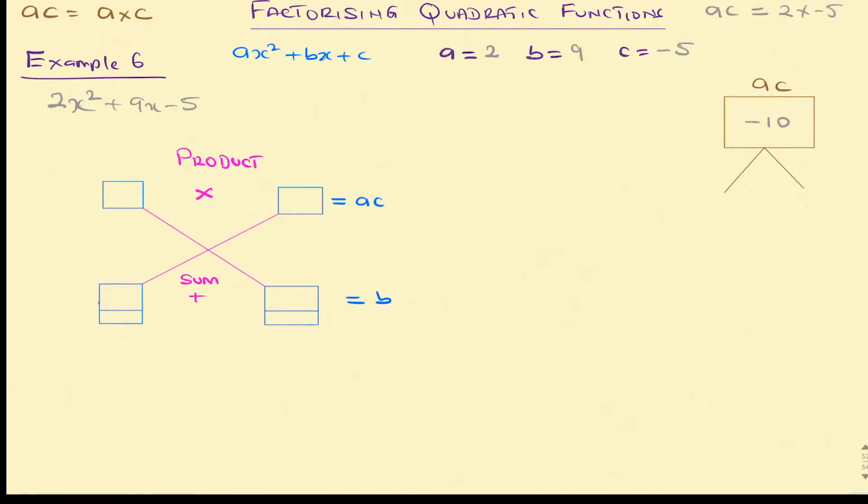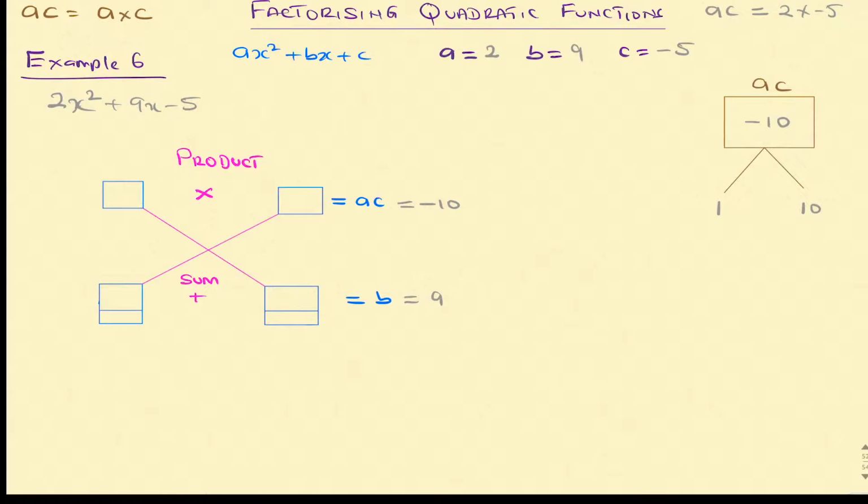We need two numbers that we can multiply together to get minus 10, which is AC, and when we add them together, we get 9. We always start with 1, so let's start with 1 and 10. 1 plus 10 is 11, so that's no good.